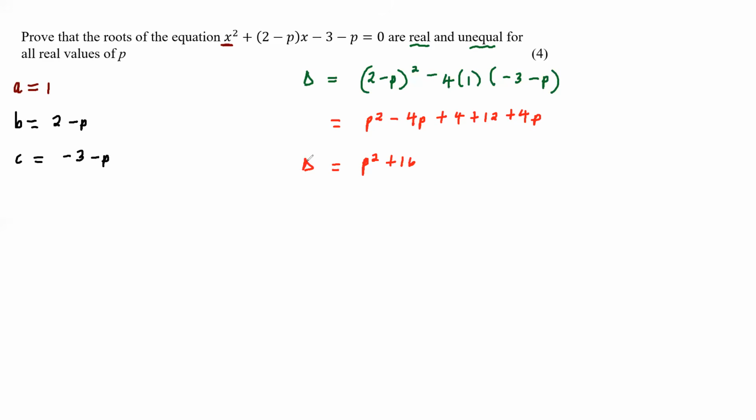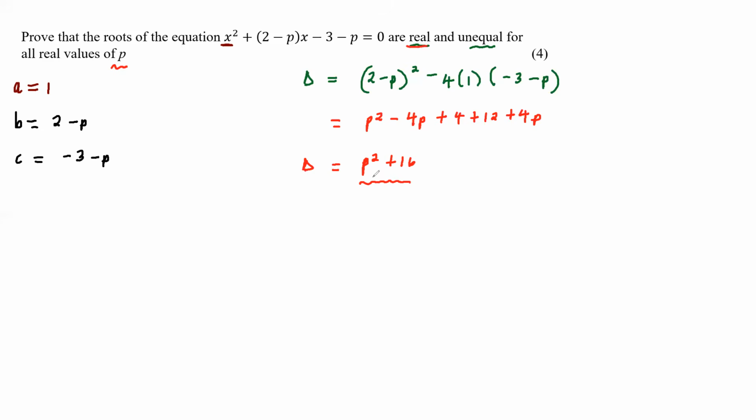That's the discriminant. What does this tell me? P squared plus 16. Now, the values of P are real. Negative or positive doesn't really matter. If you were to put a negative number here, you end up getting something which is positive all the time. Whether you put P as 1 or -1, you're going to get a positive number for P squared. And this eventually proves that the discriminant, P squared plus 16, is greater than 0.